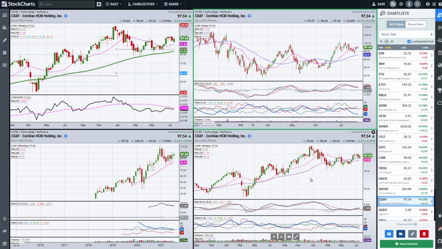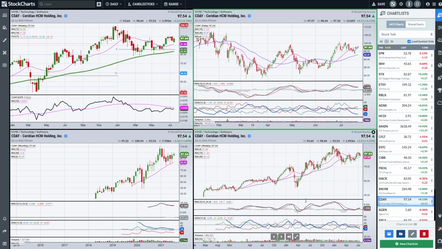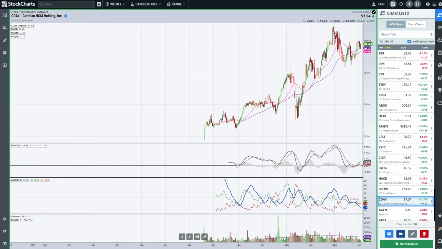Let's look at CDAY because this is the same pattern that's happening over and over again. Look at the pullback to the 18-month line, and we're holding. And now if we go to the weekly, we had this downtrend line break. So we break the downtrend line, and now we're coming back to test the moving average.